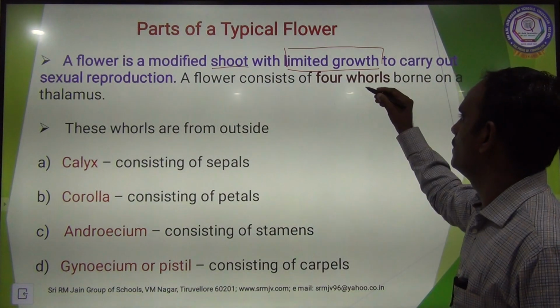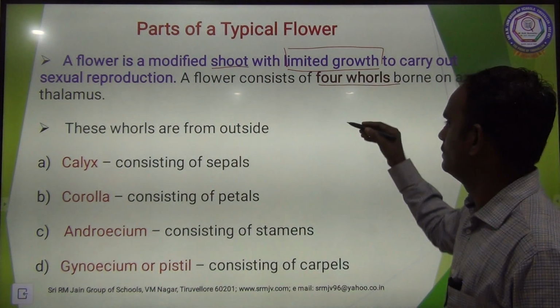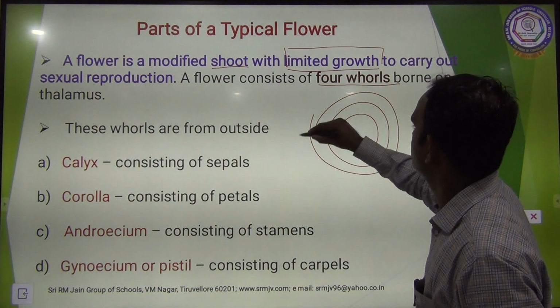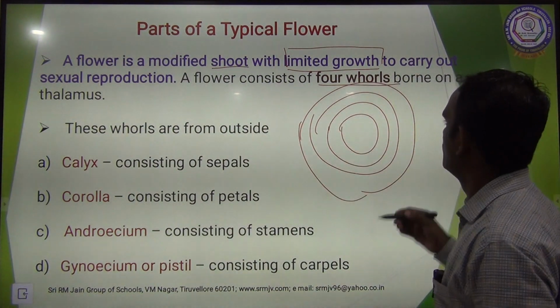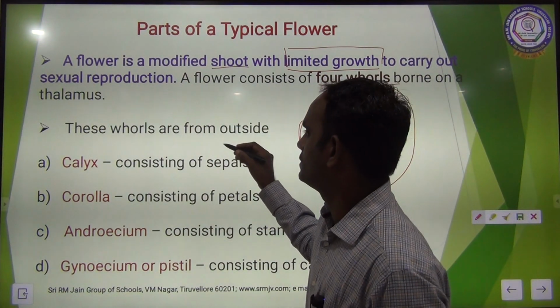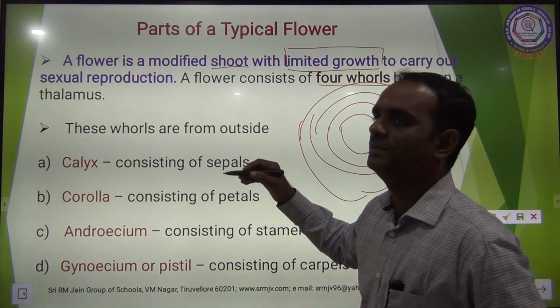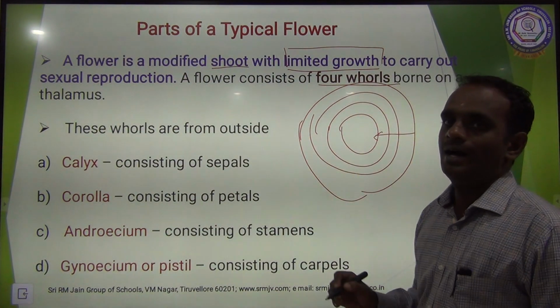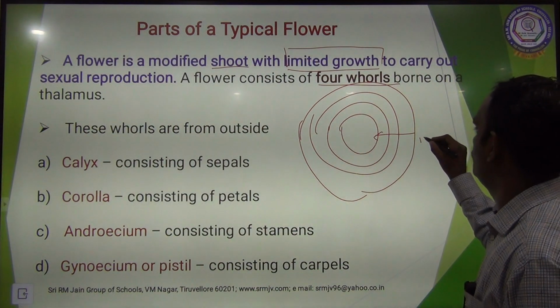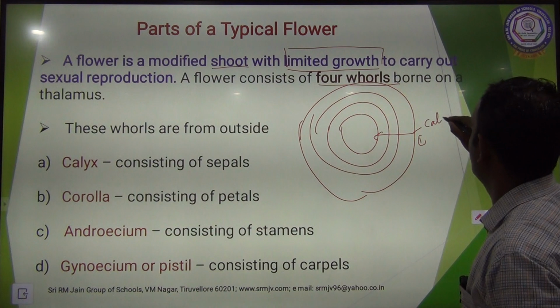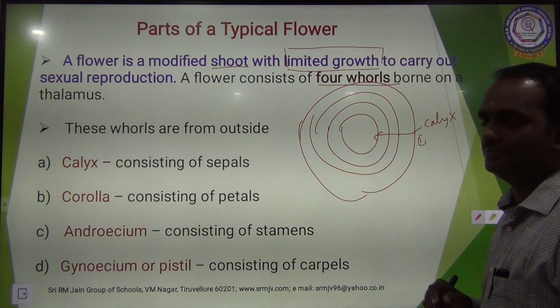A flower consists of 4 whorls, borne on a thalamus. These 4 whorls are, from the outside to the inside: the first and foremost outer whorl is called calyx.